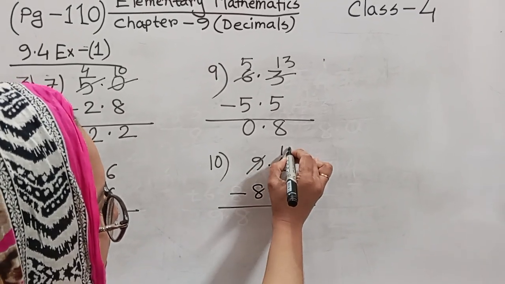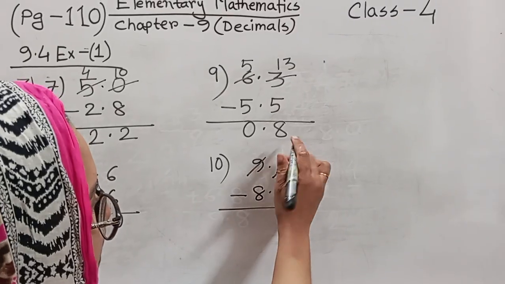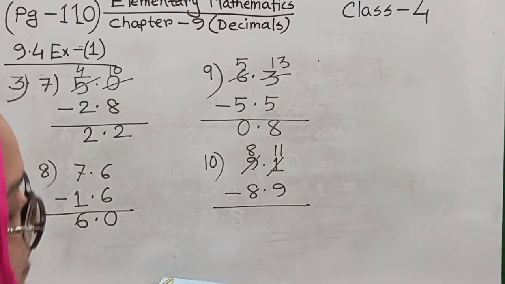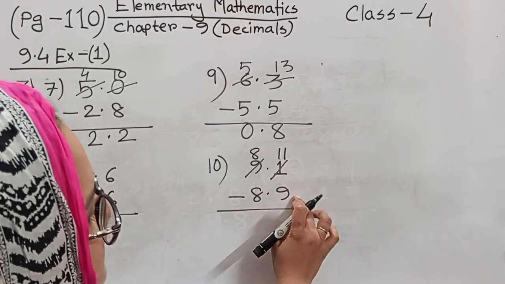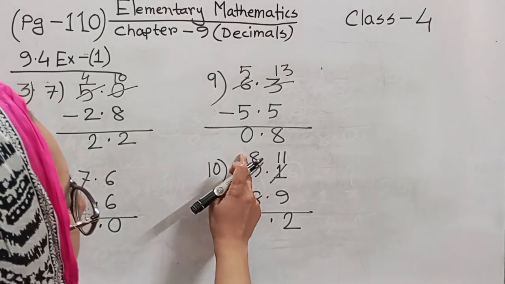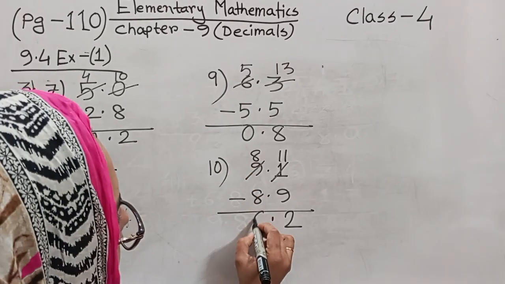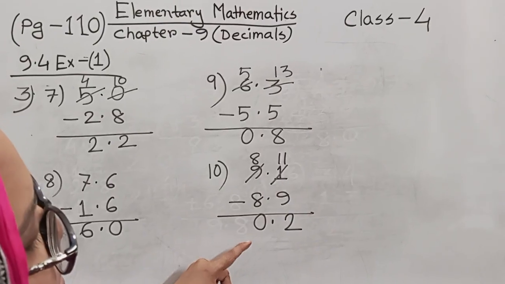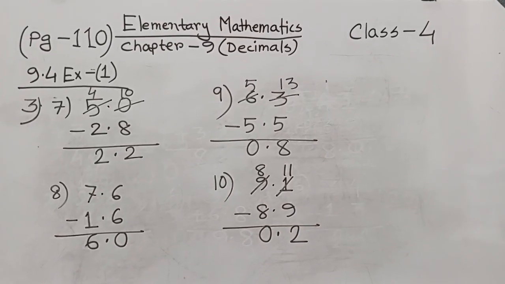It will become 10. It will become 11, and it will become 8. 11 minus 9, 2. Decimal point, 8 minus 8, 0. So after the subtraction we got the answer 0.2. Finished.